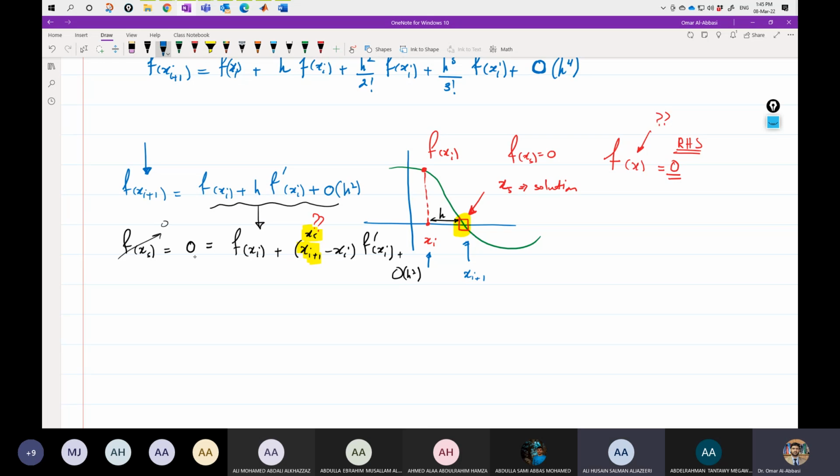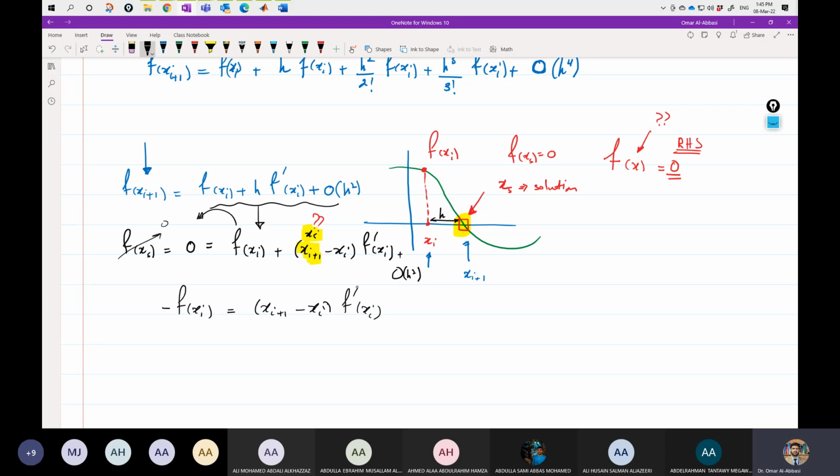Yes. So let us rewrite it, let me take that f at xi to the other side. So that becomes minus f at xi, which equals xi plus 1 minus xi multiplied by f prime at xi.